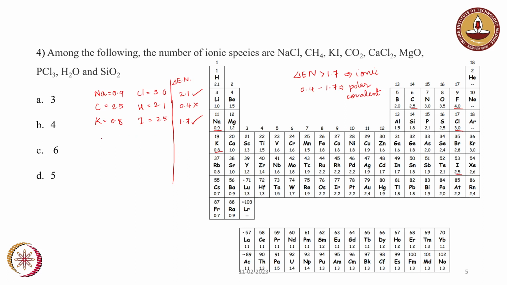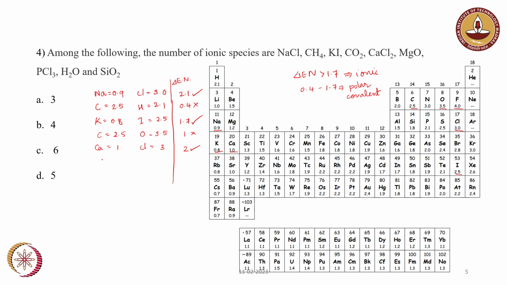So it's ionic. Next one is CO2. C is 2.5, and oxygen is 3.5. So the difference is 1. So it's not ionic. And next one is calcium chloride. Calcium is 1, and chlorine is 3. So the difference is 2. So it's an ionic compound.